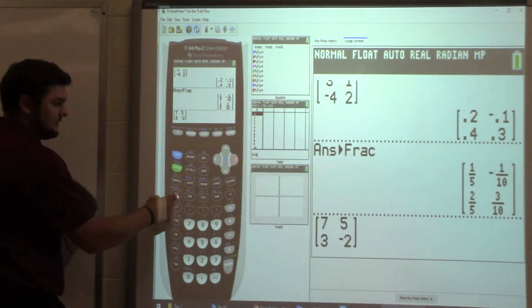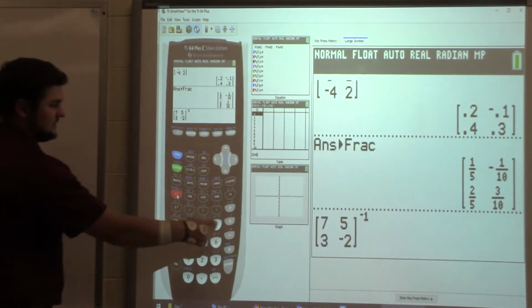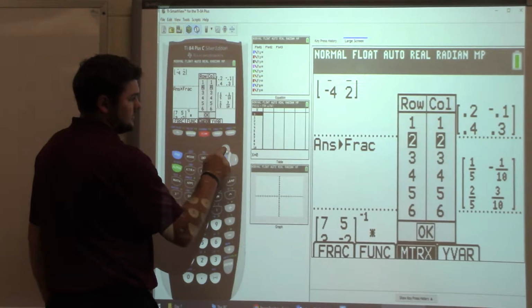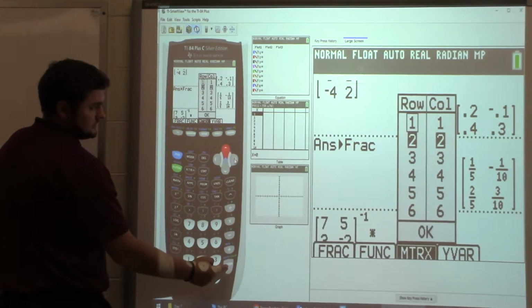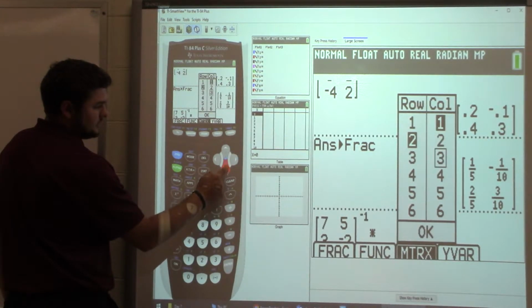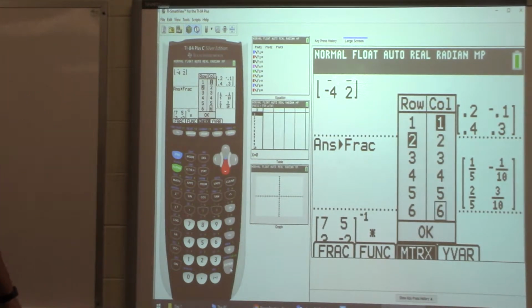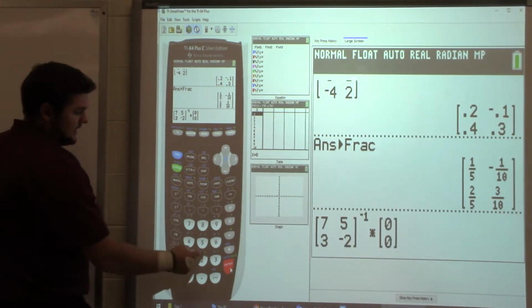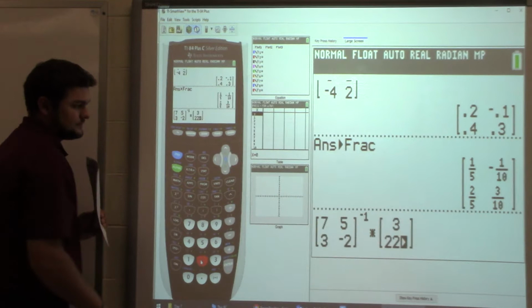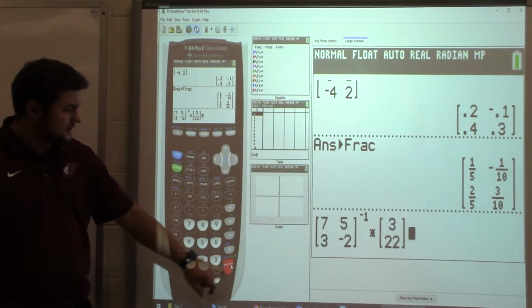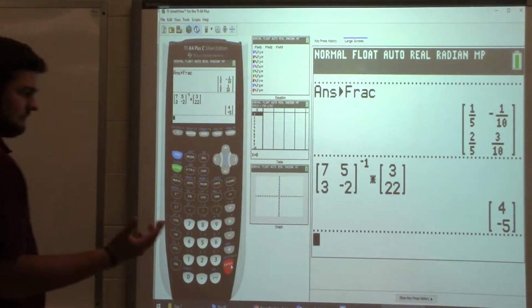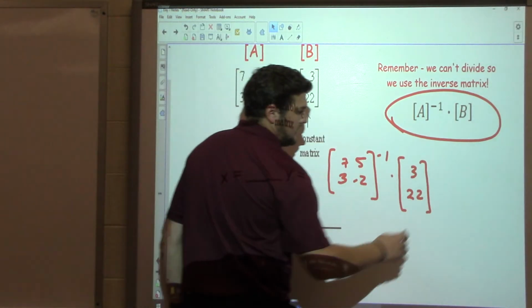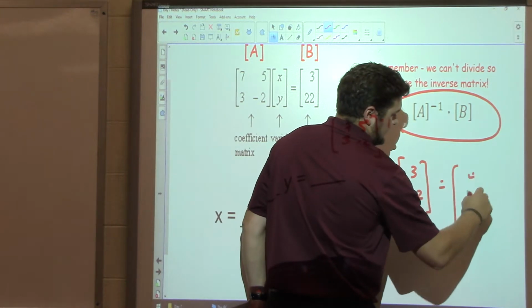And I said I want the inverse of that matrix times alpha zoom, I want a 2 by 1. Times 3, 22. And if I hit enter on that, it's going to give me an answer, 4, negative 5. Right, so I go over here, I write 4, negative 5.